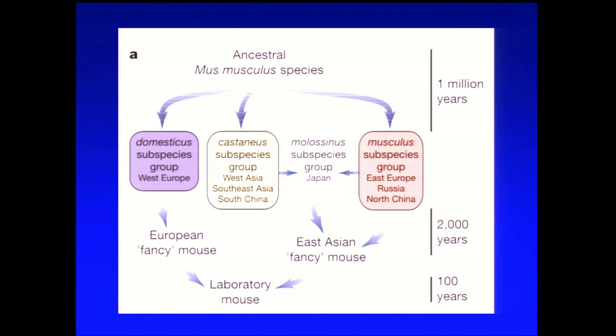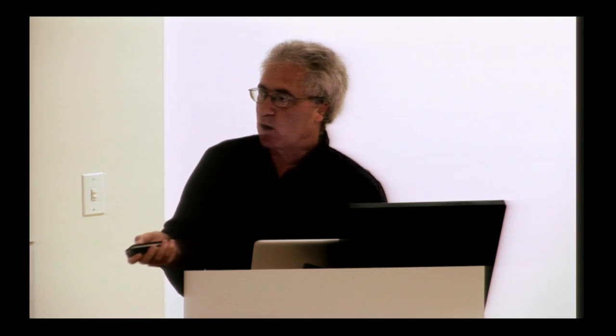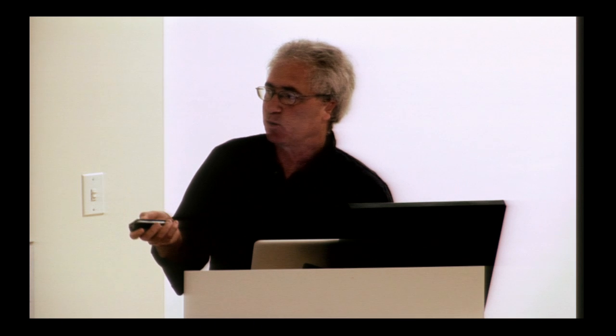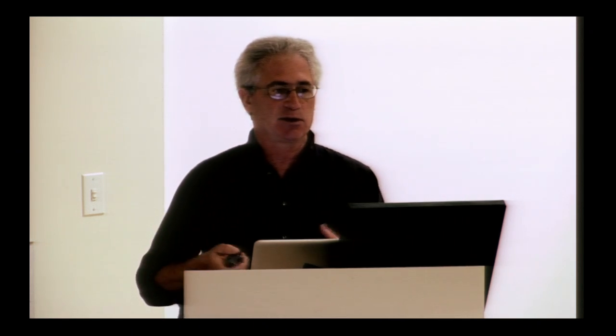In part, they take advantage of the fact that the mice that we use in the laboratory are in fact related to each other. And they're related to each other because they were derived from mice. Remember, I told you about the mouse fanciers, the people who were using mice as pets. The way that these mice were generated is to make crosses.